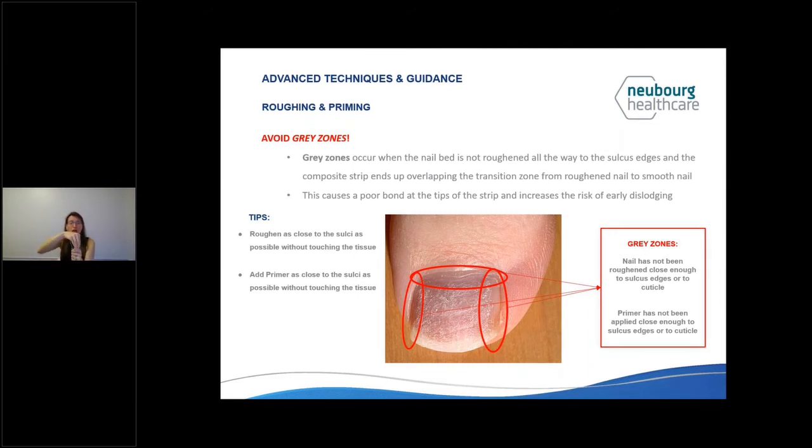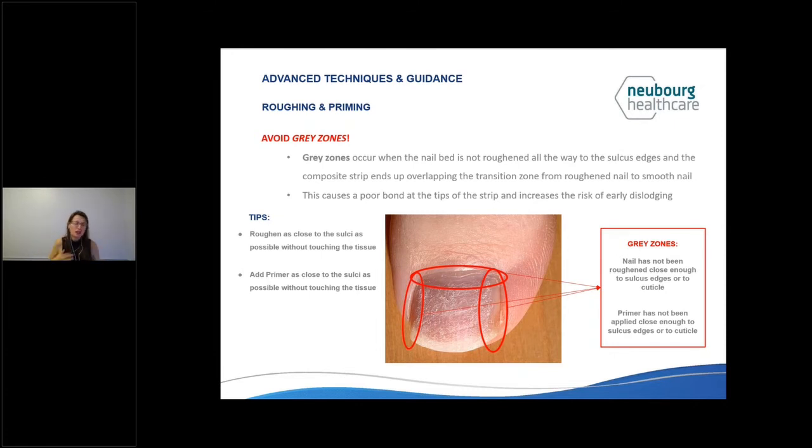And then if you apply your primer and you haven't reached all the way in, and then you apply your strip, either the primer or the strip can have this issue. Crossing that gray zone from roughened to unroughened nail bed, the tips of your strip are not going to be bonded well to your nail plate. They are going to come off first.